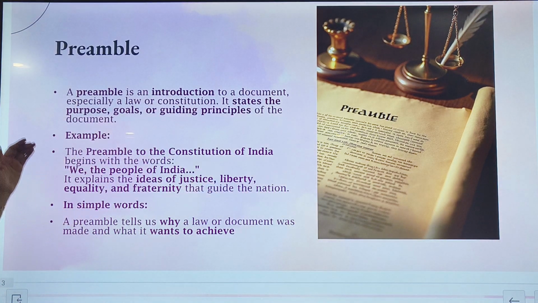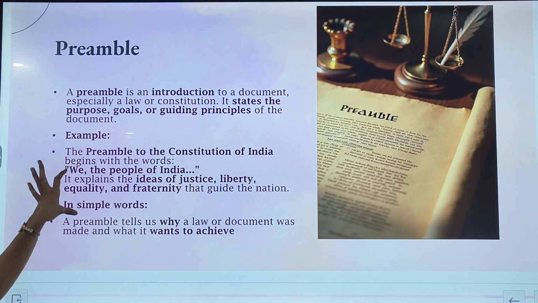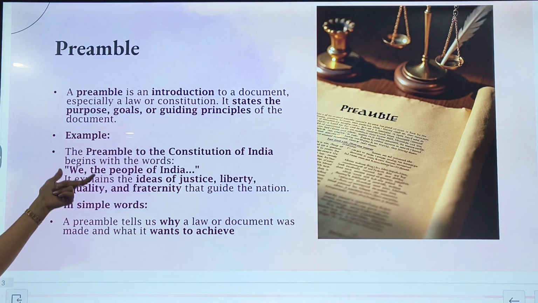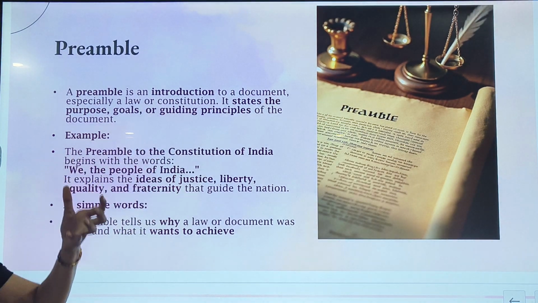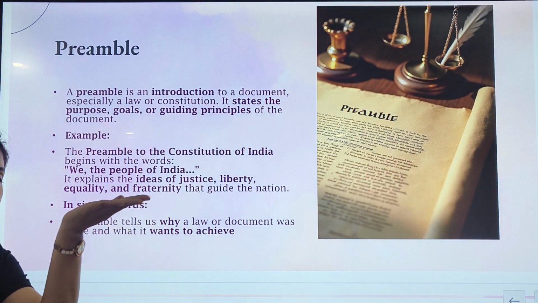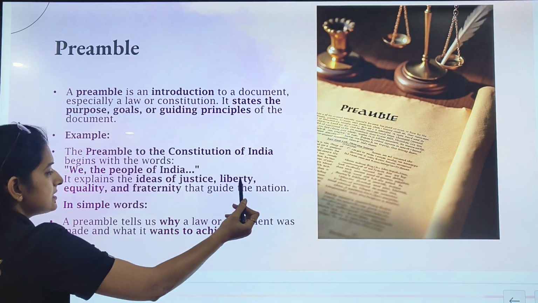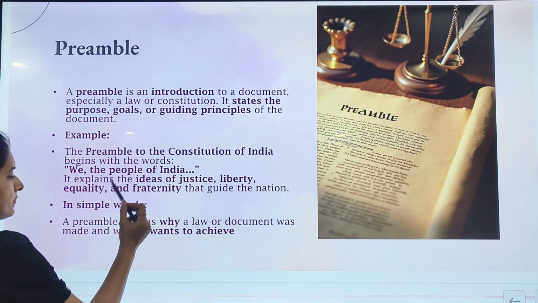Clear? Next, as an example, our preamble starts with the words "We the people of India," and it has some important words which are actually the ideals or the basis of making our constitution. What are those ideas? Justice, liberty, equality and fraternity.